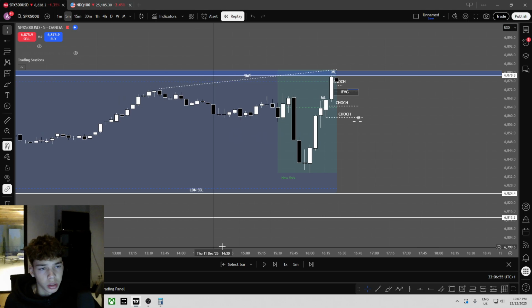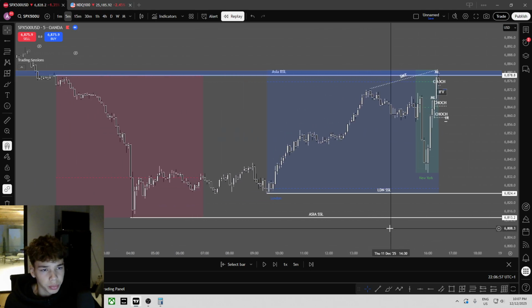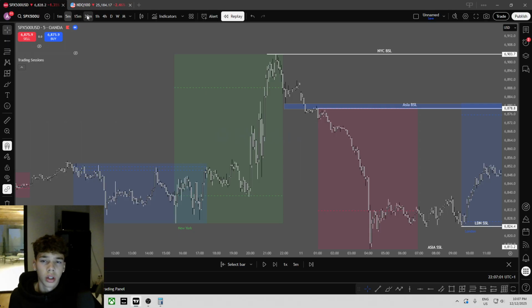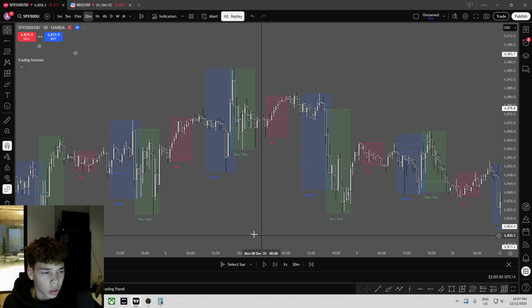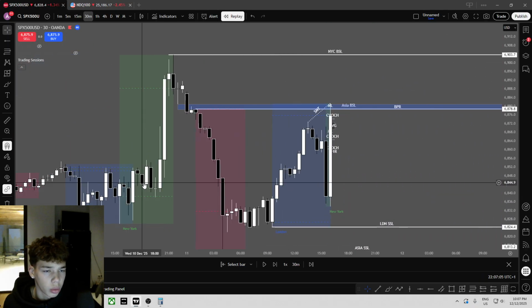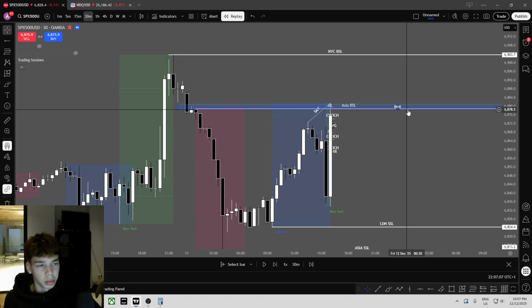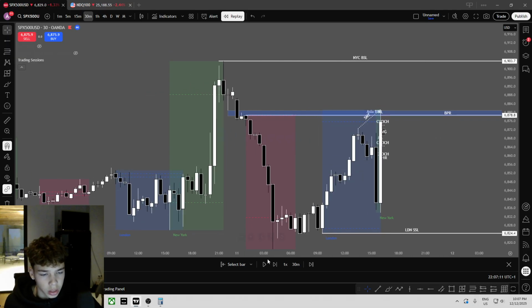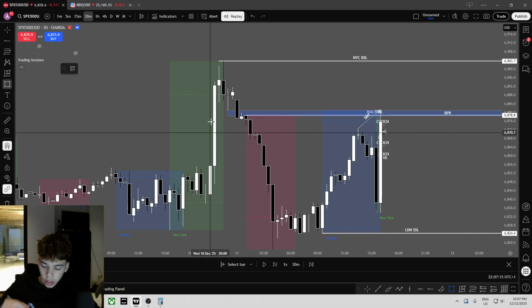Let's go on a smaller time frame to show you. And I also found out this new sort of confluence technique, which is called a BPR, or balanced price action. The idea behind it is actually pretty interesting.